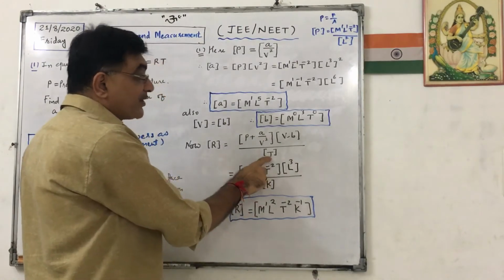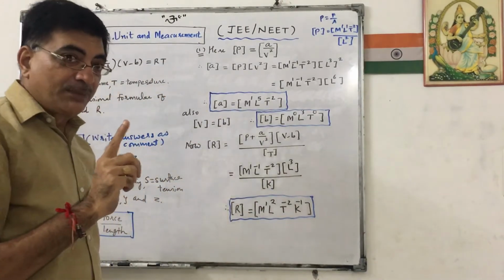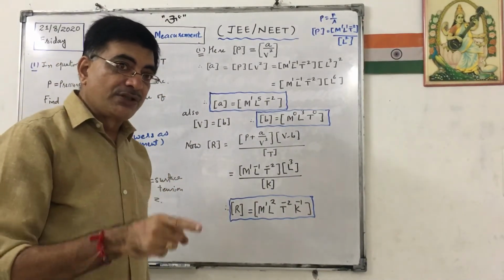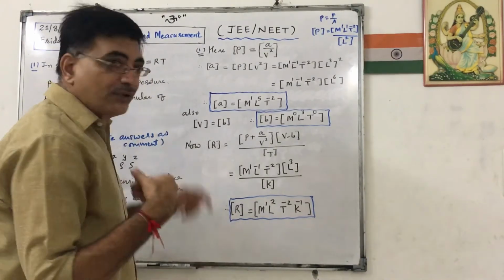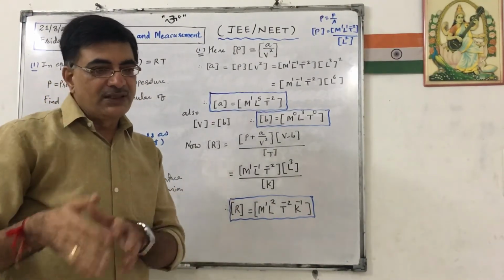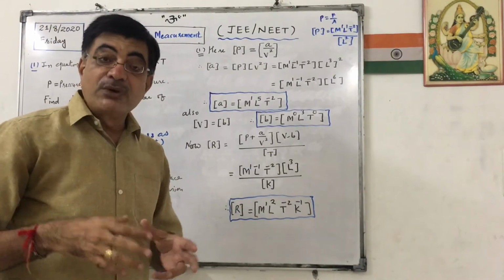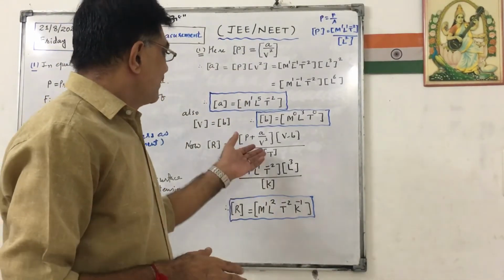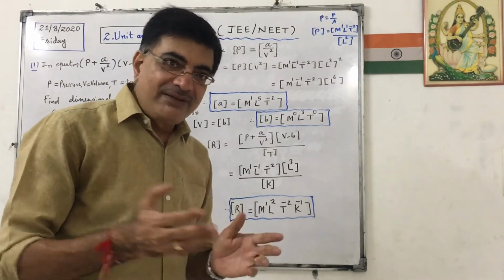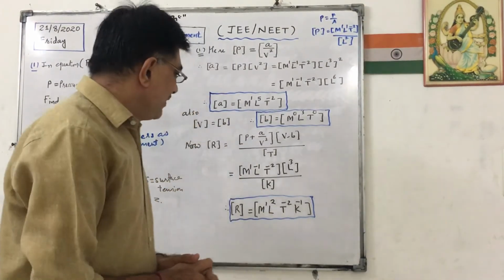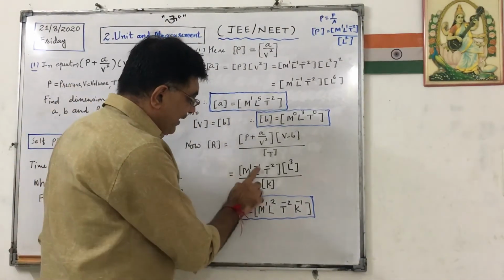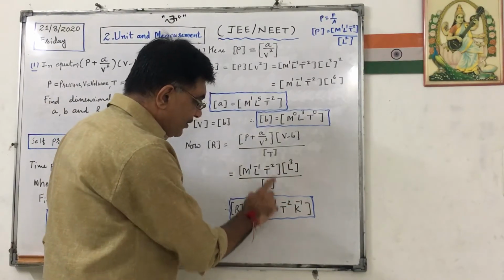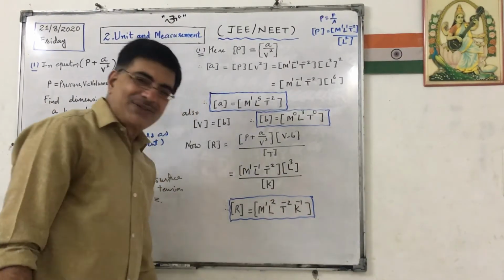Now this is temperature, not time period. Capital T is used here for temperature. In every physical equation they will give you information about the quantities. Here the unit of temperature is Kelvin, so it is K. So finally it is M¹L⁻¹⁺³, that is L², T⁻², K⁻¹.